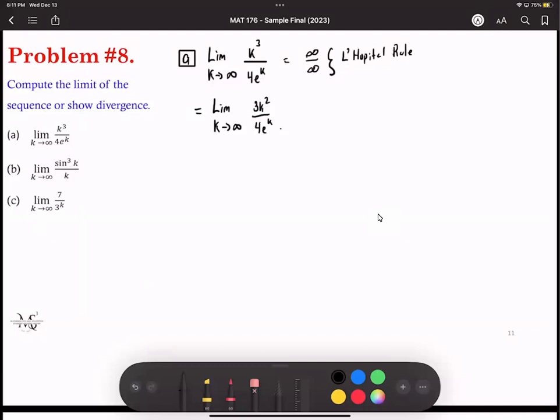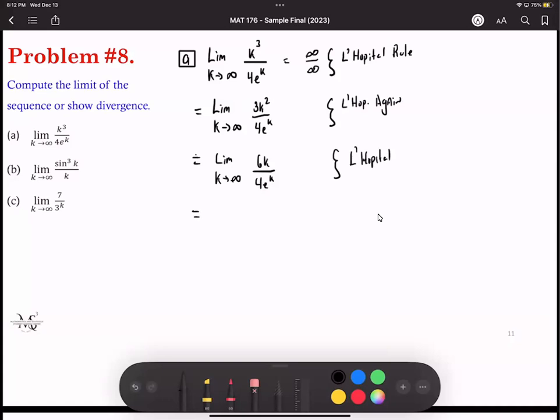Now, notice that as k goes to infinity, we have to use L'Hopital's again. So we get the limit as k approaches infinity of 6k over 4e to the k. Just looking at this gives you infinity over infinity, so use L'Hopital's again.